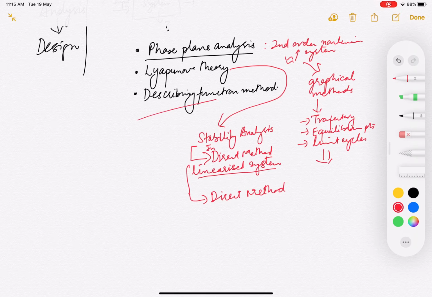The third technique for analysis is the describing function method. This is also an approximate technique for studying nonlinear systems.